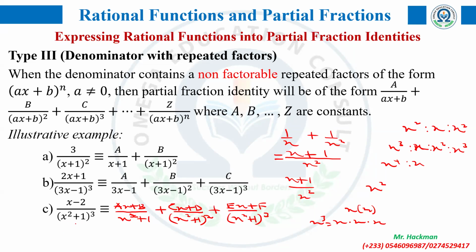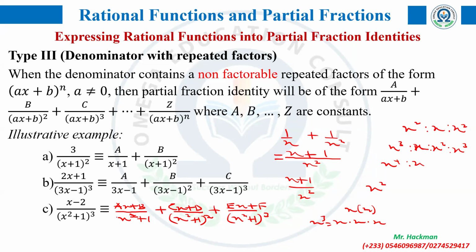Once you have that situation, we are going to use the power. The number of times your factor is repeated tells you the number of fractions you can possibly get from that rational function. So we said we are going to get 3 fractions because the power is 3. So my first fraction, my second fraction, my third fraction. I should know the denominators of each of them.